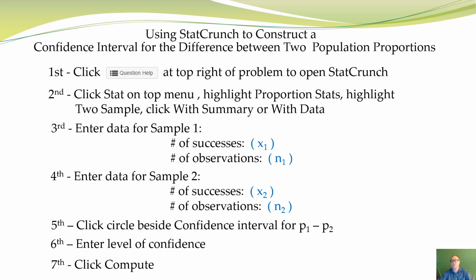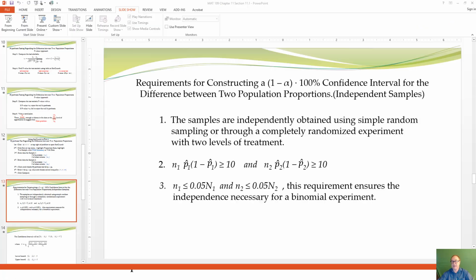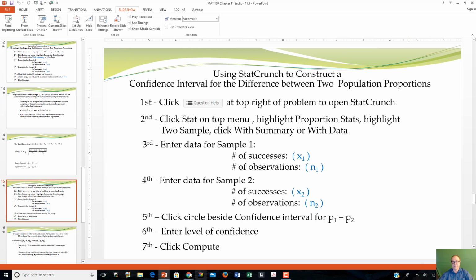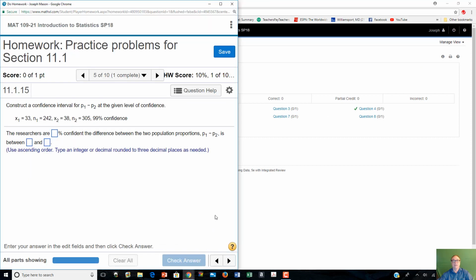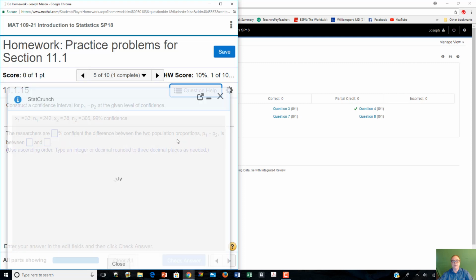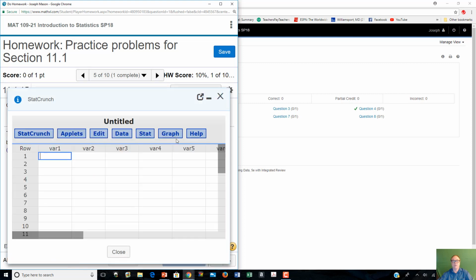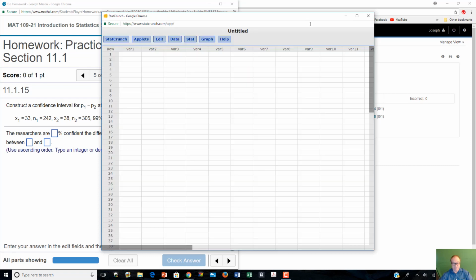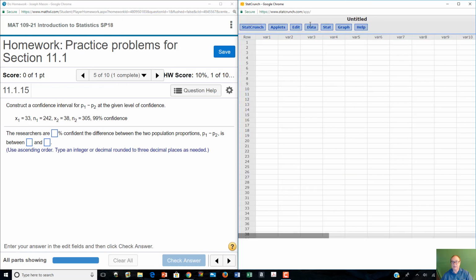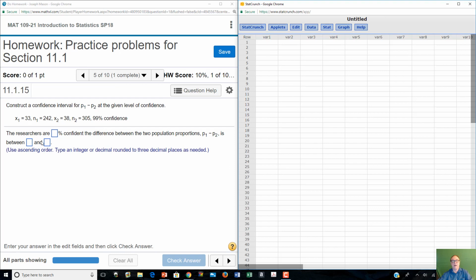Okay, so let's go back to the problem that we had in the homework, the next one we had. So if I go back to the homework, I have this. Now, if I open StatCrunch, move it outside, and pin it to the right. Okay, now I want a confidence interval.